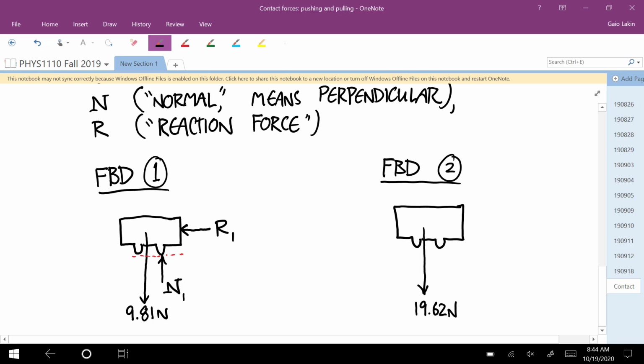Now we're done with the weight force. So all we need are the contact forces. Again, the ground is pushing this away. And here's the surface of contact. So the pushing force from the ground is perpendicular to that surface of contact toward the chosen body. I'll call this N2.